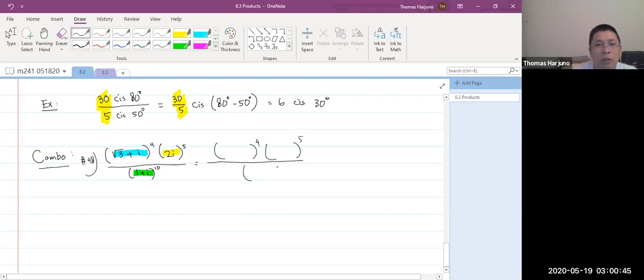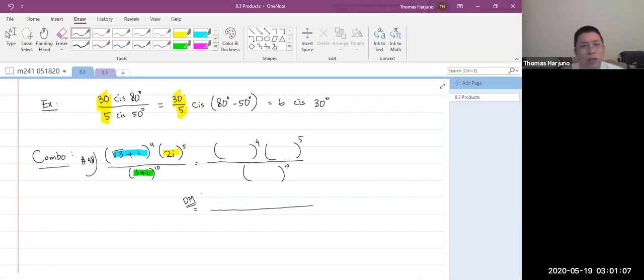To the 10th? And then after that, you do the Moivre's theorem. Then you multiply and then you divide. Basically, you add the angles, you subtract the angles.